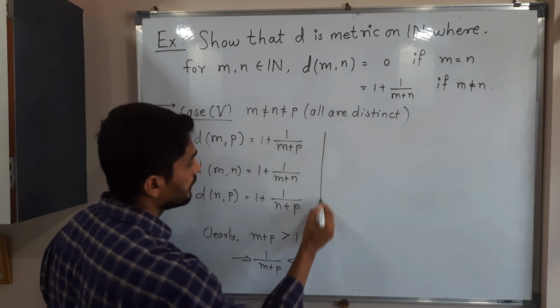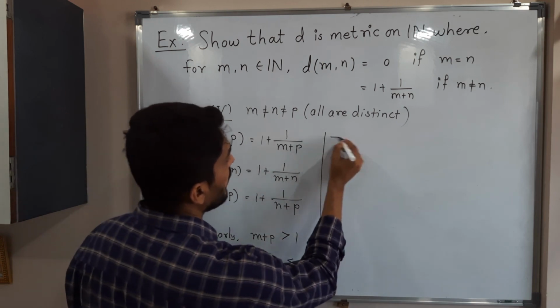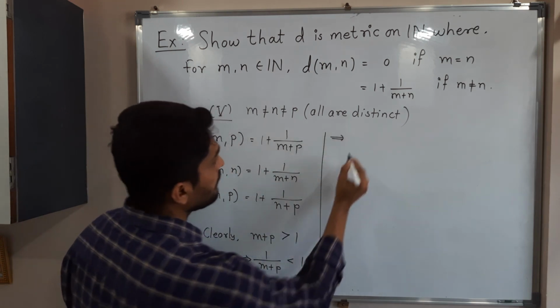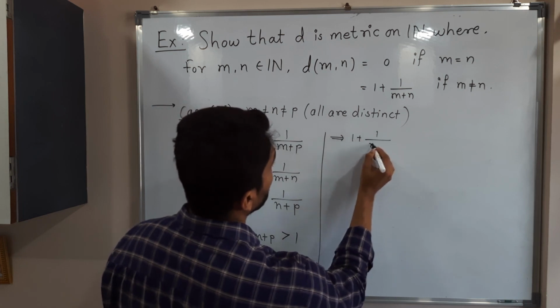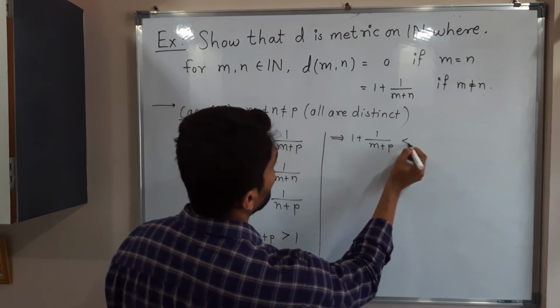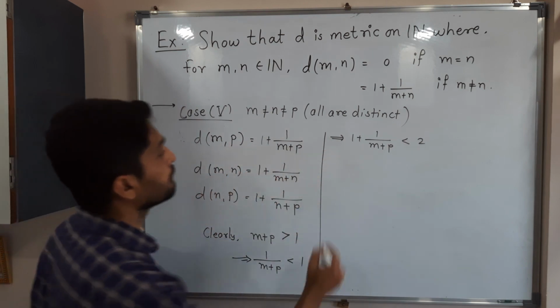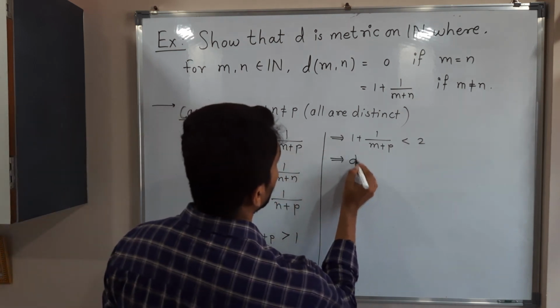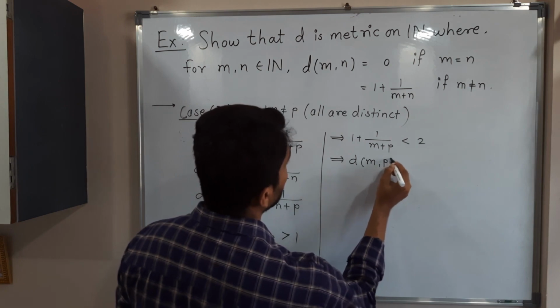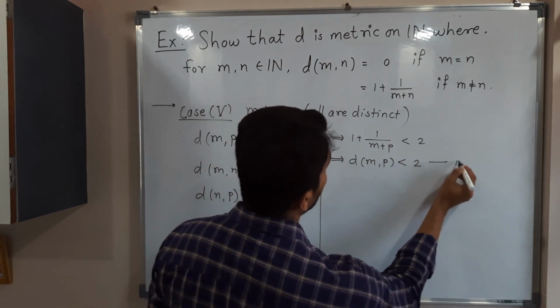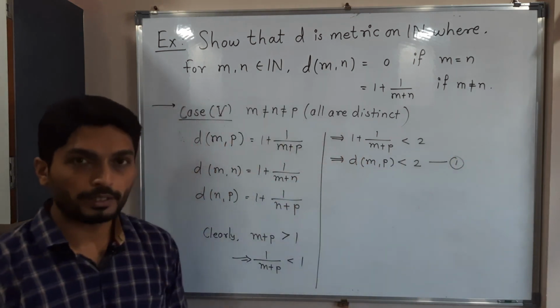I'm going to add 1 on both sides. So if you add 1 on both sides, 1 plus 1 upon m plus p is less than 1 plus 1, 2. But see, this is the definition of d of mp. So it implies d of mp we got it is less than 2, equation number 1, right?